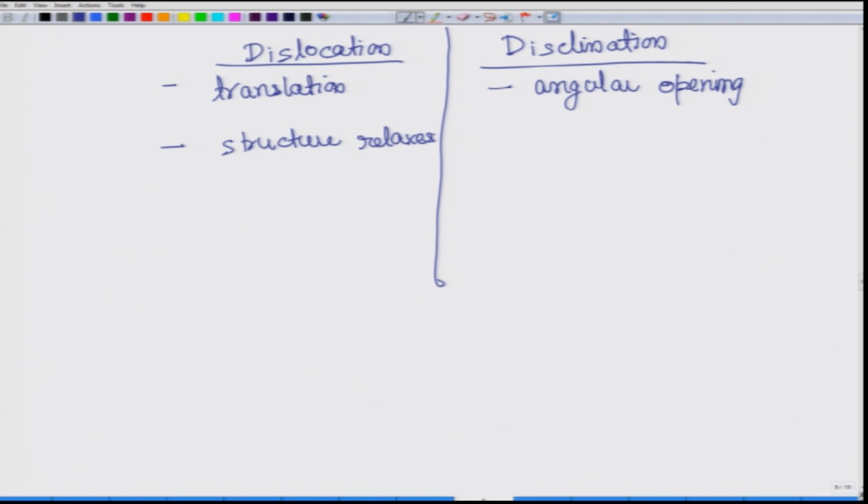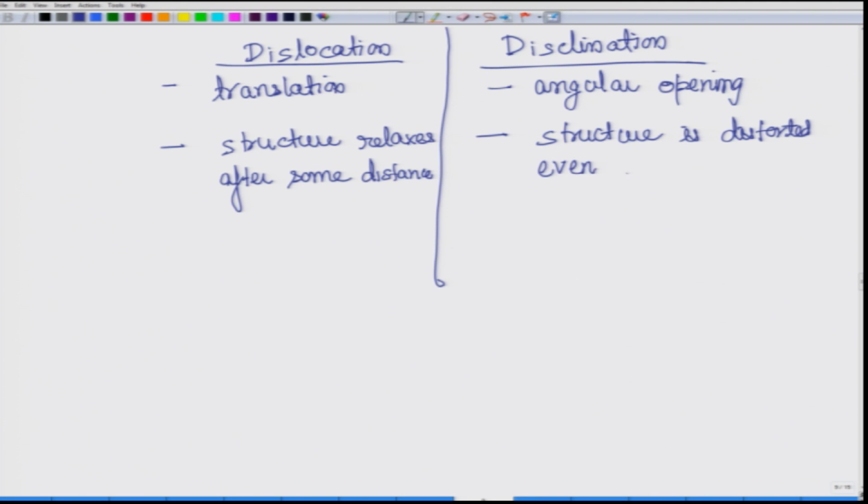The way it has been described here, angular opening leads to a similar structure throughout a long range, and therefore the structure does not relax. Over here in the disclination, the structure is distorted even at long distances.